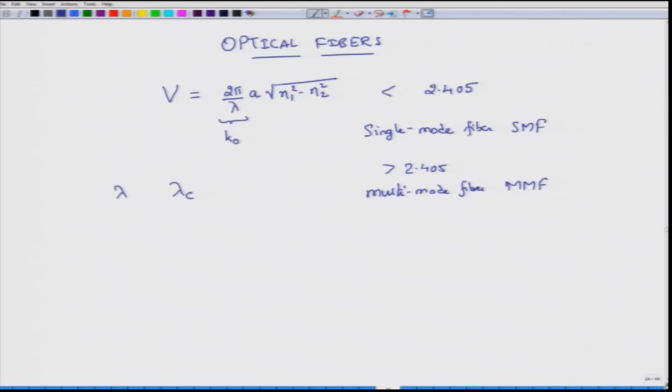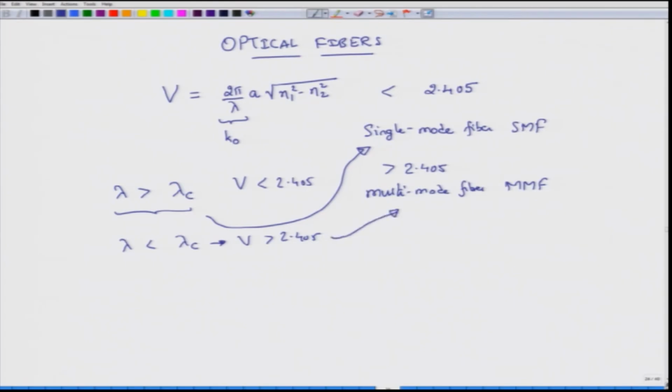If the wavelength lambda is greater than lambda c, and for which V is less than 2.405, then over this wavelength region the fiber will be single moded. However, when lambda becomes less than lambda c, V automatically becomes greater than 2.405. This causes the value of V to increase, and if V increases beyond 2.405, then this fiber becomes a multi-mode fiber.